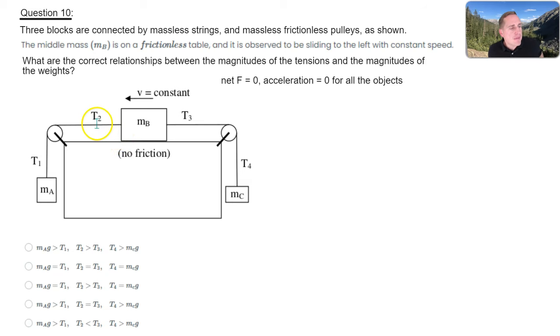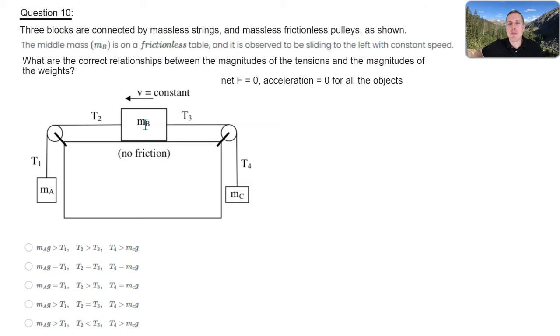We note that tension 2 and tension 3 must be the same magnitude. How do I know that? Well, the only way we can move at a constant velocity is if mb has 2 equal size but opposite direction forces on it.